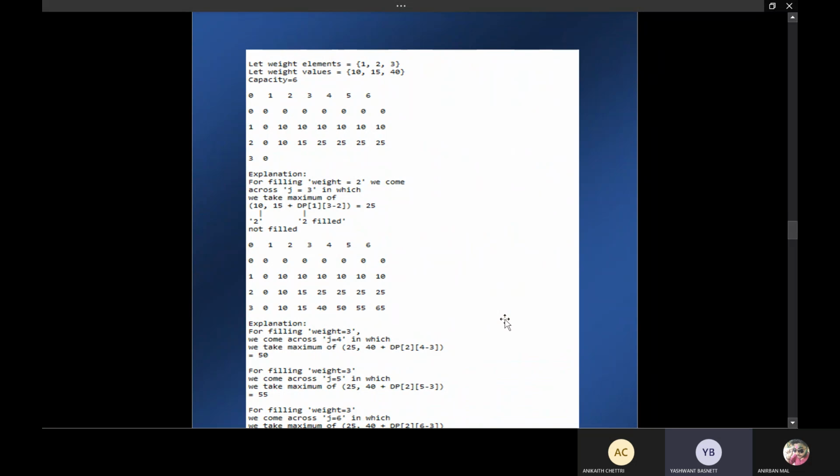Between 10 and 25, the maximum is 25, so we'll take the 25 value. Just like that we have filled in, and down there we also have explanations for other fillings. If weight equals 3, then we come across j equals 4, in which we take the maximum of 25 and 4 plus dp of 2 and 4 minus 3, which is I think 50. So we take 50, since it is the maximum between 25 and 50.